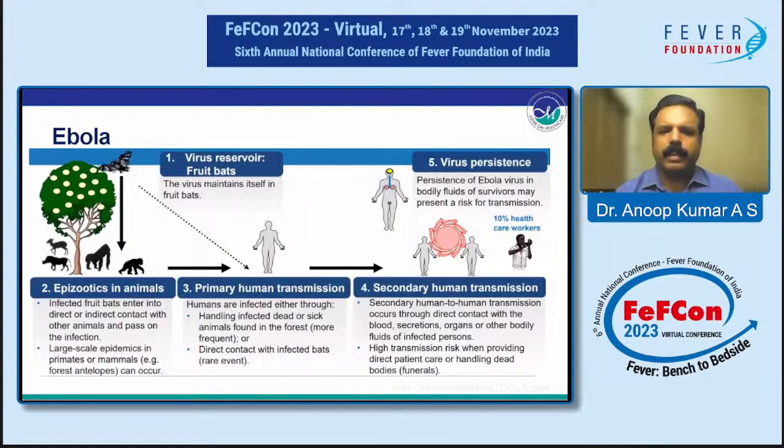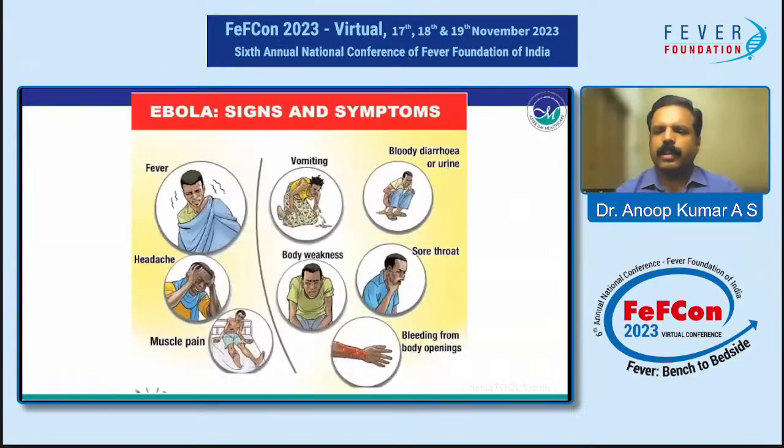Ebola is also a similar disease. I'm not going into the details. Again, it is epizootic in animals. Then there is a primary human transmission. Then there is a secondary human transmission. And again, here also, healthcare workers are affected more. The patient can have fever, headache, muscle pain.